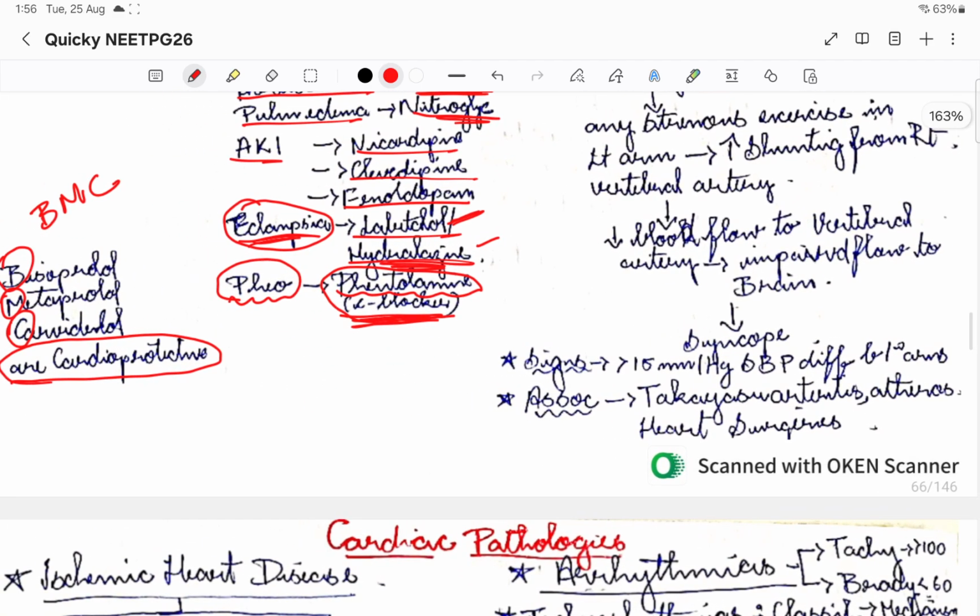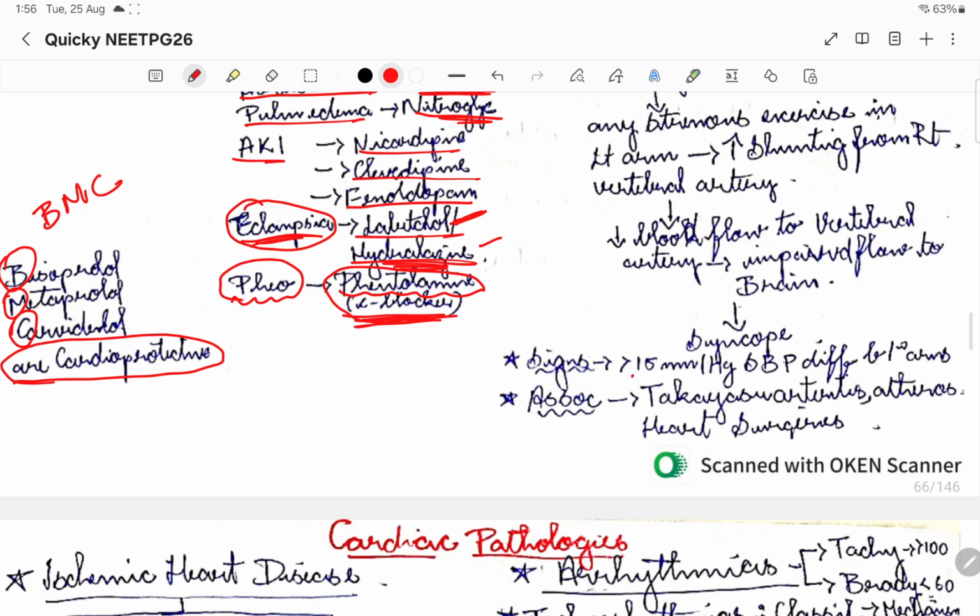The sign is a 15 mmHg SBP difference between the arms. So between the right and left arm there will be an increased BP difference. That is why aortic dissection is also a differential diagnosis here, which we have to rule out by doing a CT angiogram.